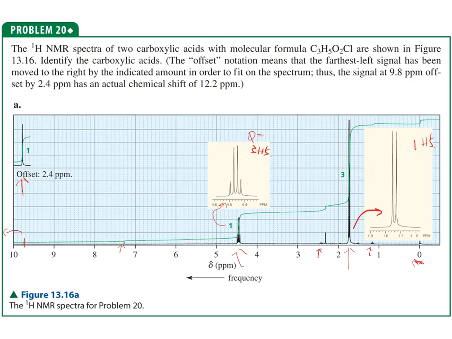I'll look at this example problem. The H-NMR spectra of 2 carboxylic acids, it is cheating because it's telling you it's a carboxylic acid. What if I gave you an infrared and I didn't tell you it was a carboxylic acid? I just said, here's a compound that's been analyzed.